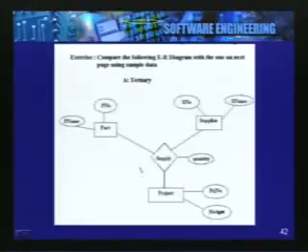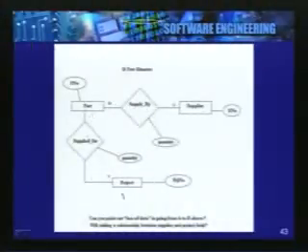Now, can I show the same using two binary relationships, one between part and project and the other between part and supplier, as has been done in diagram B here, where we are trying to show two binaries, one between part and project and one between part and supplier. In fact, to verify this, you again should try to walk through the diagram. So, you say, let me take one project.